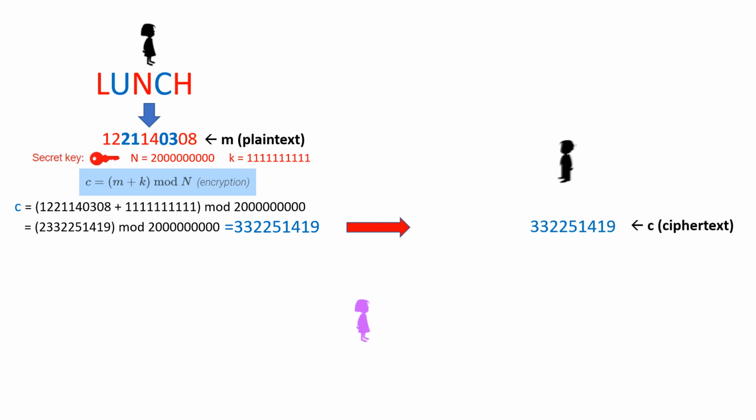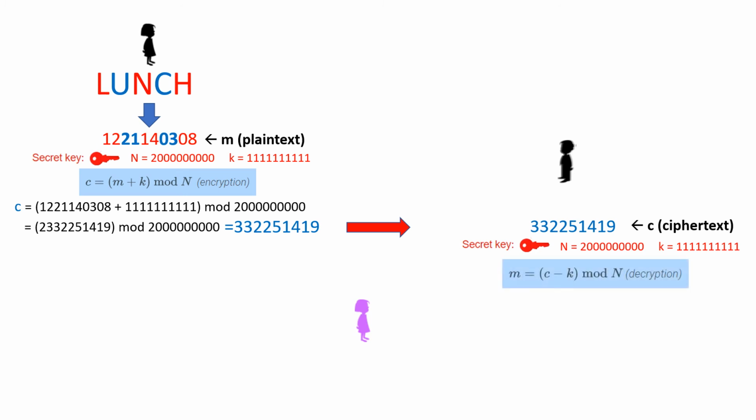So that again is the ciphertext. That's the encoded text. Now he knows the secret key. He knows N and he knows K. And he knows then that other function that's going to go backwards and go from ciphertext back into plain text.